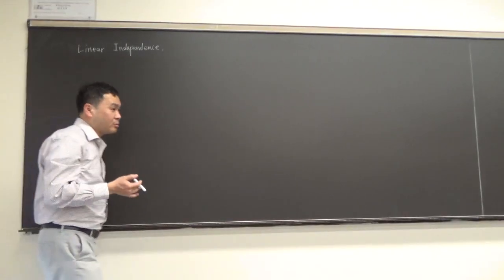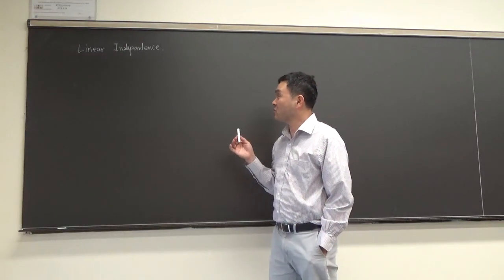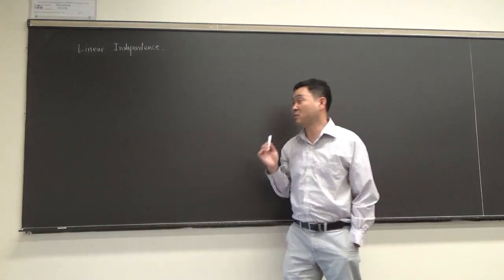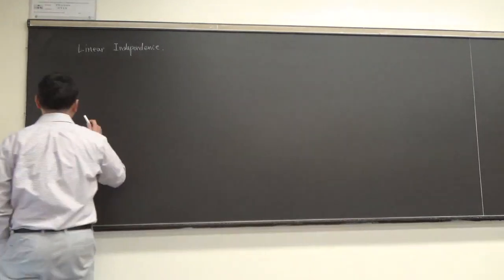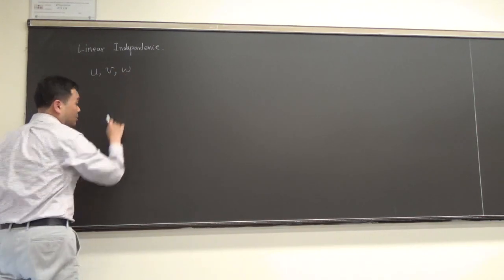So linear independence has a definition and a separate meaning. Just knowing the definition is not enough. So let's say you have three vectors u, v, and w.